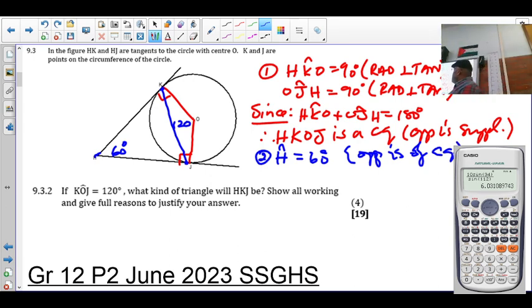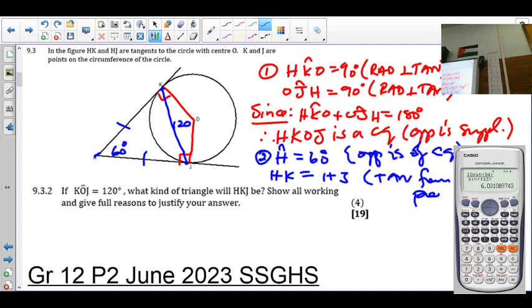Alright. Now we know that HK is equal to HJ. Why? Because it's tangents from a common point, or external point.